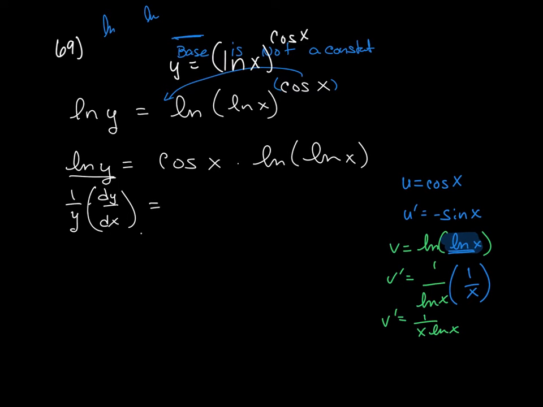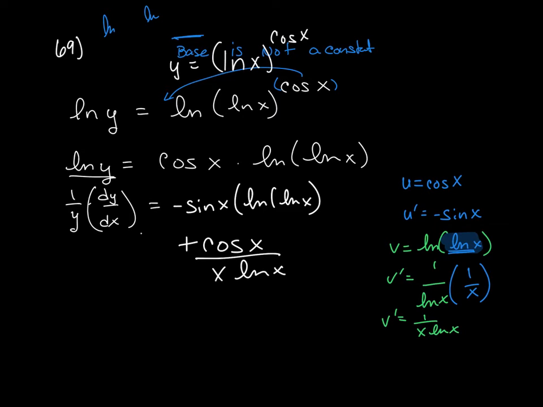Okay, so then I go ahead and start with the derivative of the cosine, which is minus the sine of x. I multiply that times what I started with, which is ln of x. And I'm going to run out of room here, but I'm going to add that to the cosine of x times, I'm just going to put it over that, over x ln of x.